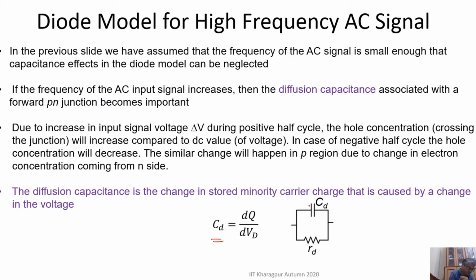So you see here I have written and included CD and RD both. CD is basically the diffusion capacitance, so if the AC signal we are using is of high frequency, then we have to take into account this diffusion capacitance. So these are what we have discussed in the last class.